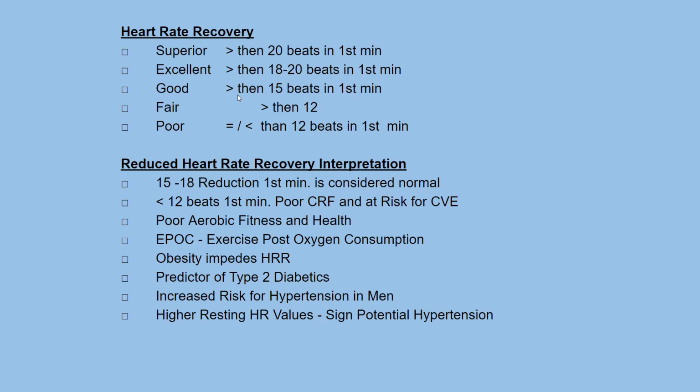If it's over 15 in the first minute, that's good. If it's over 12, it's fair, and then under 12 beats in the first minute is poor. So the reduced heart rate recovery interpretation is 15 to 18 beat reduction in the first minute is considered normal.